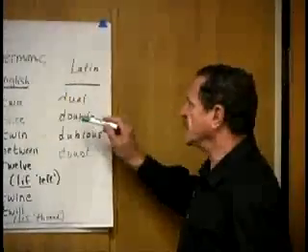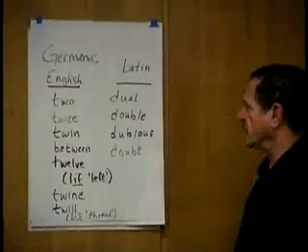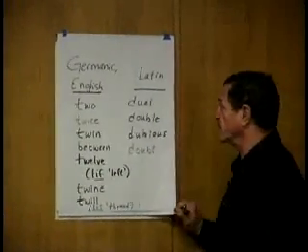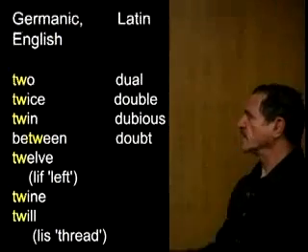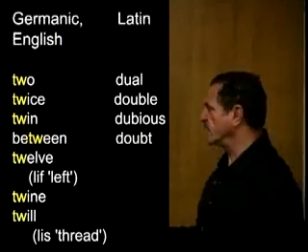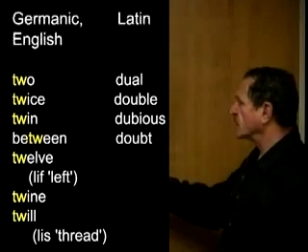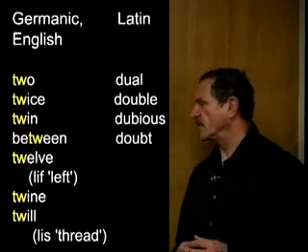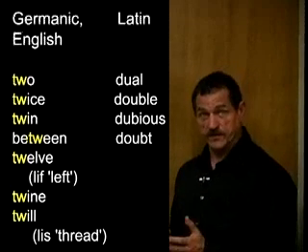So the T and D are related, and the W of two is probably related to the U of dual as well. The TW that we see in two, we'll also see in twice, twin, the TW of between, twelve, where we can even see more of the structure of twelve, a Germanic word.